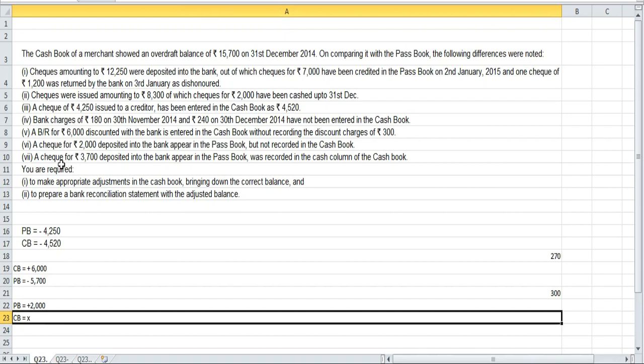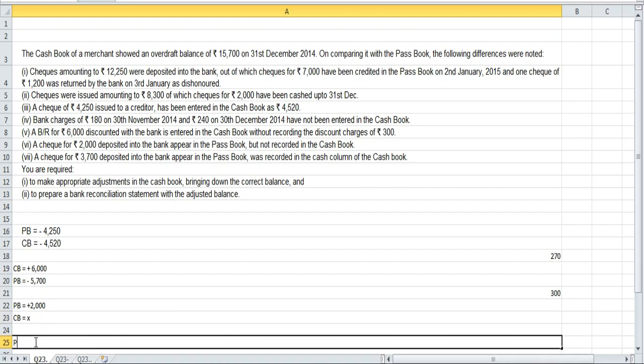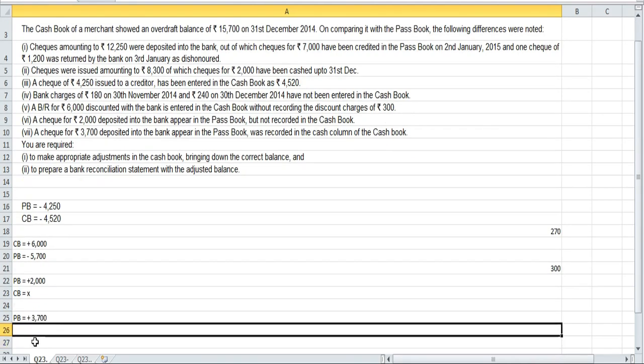A check for 3700 deposited into the bank in passbook was recorded in the cash column in the cash book. Okay, it is a similar thing. There was a check for 3700 which was deposited, so in the passbook a check is deposited for 3700.